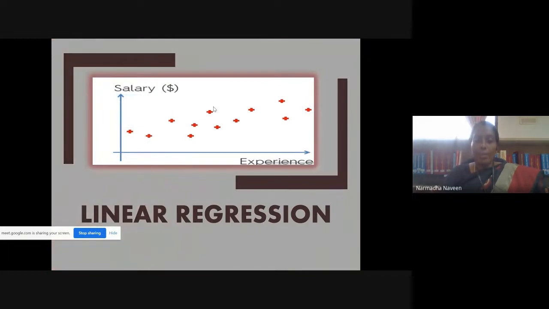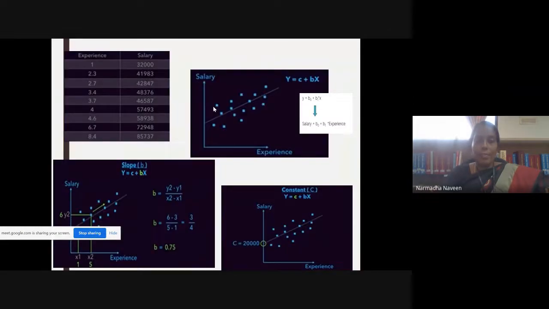With the given input data set, this is the plotting, where the x-axis represents the years of experience and the y-axis represents the salary earned by the employee. It is just a simple scatter plot, where the input data points are shown in a 2D graph. Here we see the same mathematical representation.